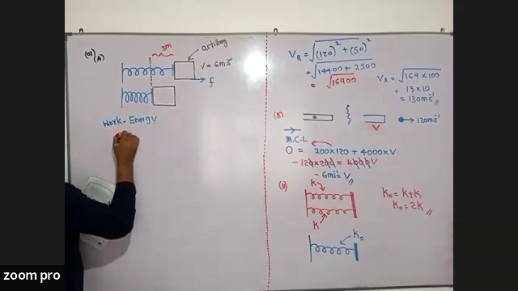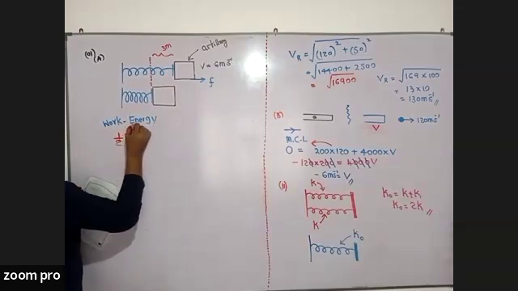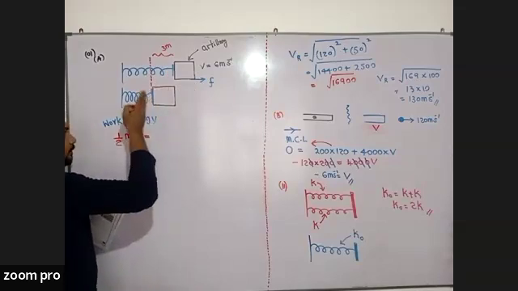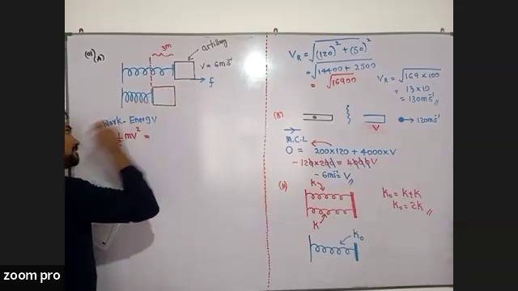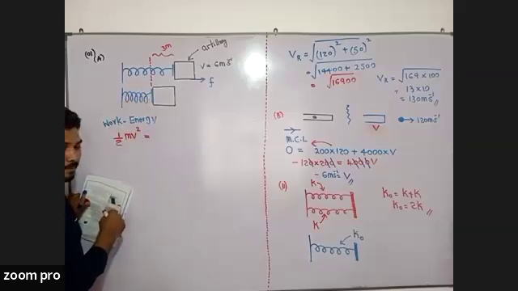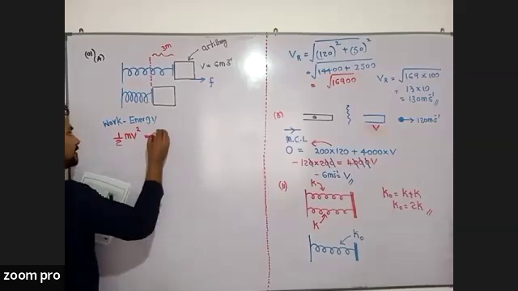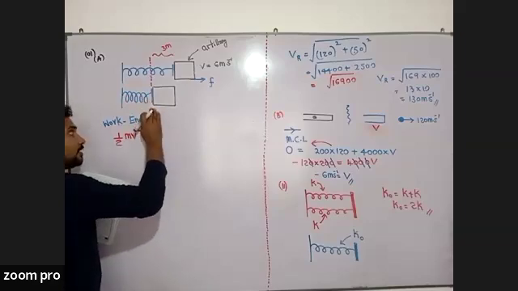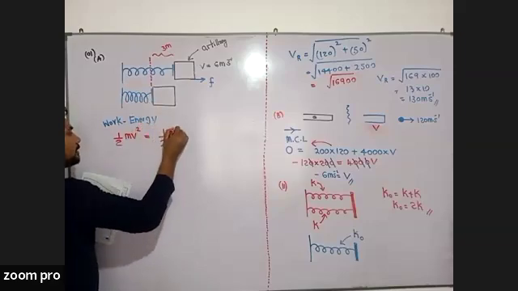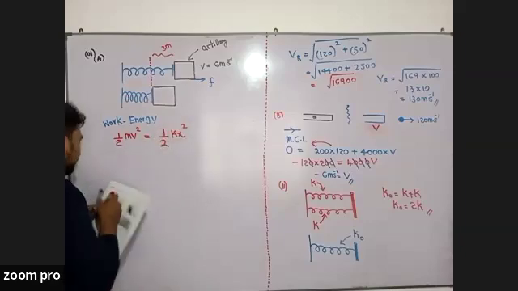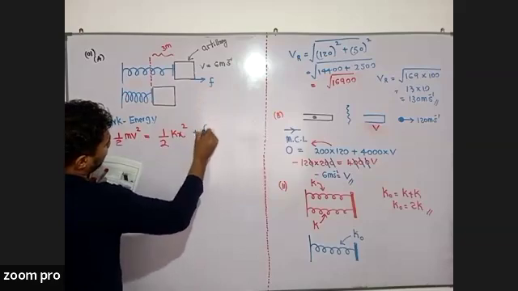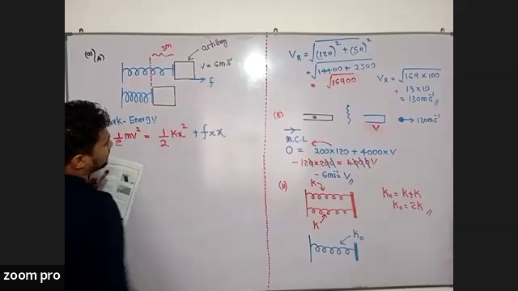That is half m v squared equals, now at the maximum compression, the velocity instantly becomes zero. So there's no kinetic energy at this point, only elastic potential energy. Thus, let's assume the frictional force experienced by this object is F, so it should be multiplied by X.